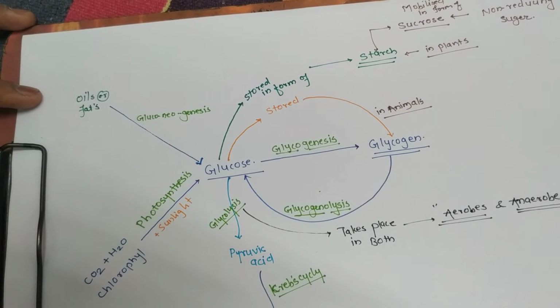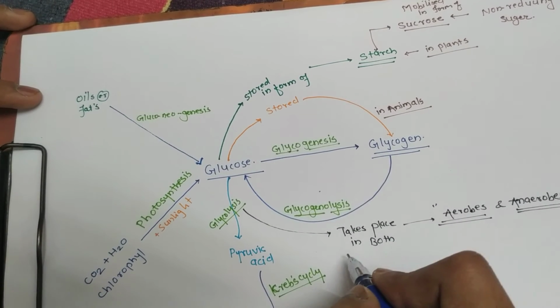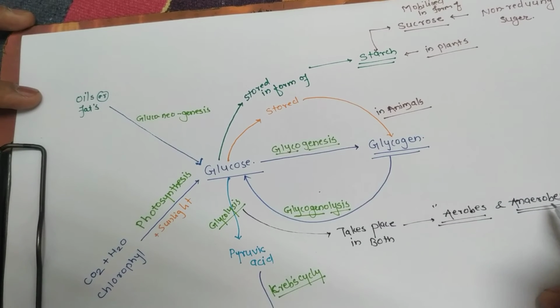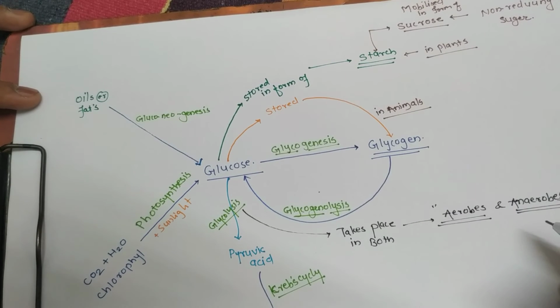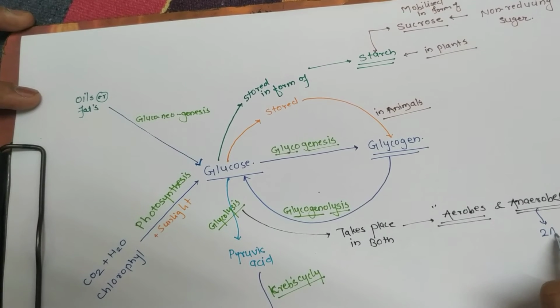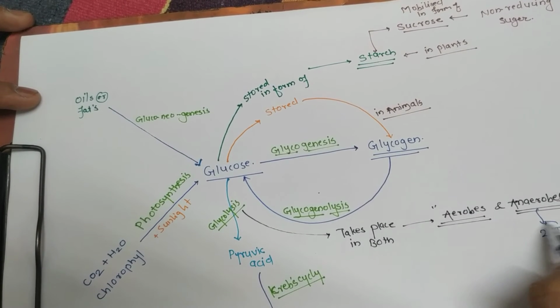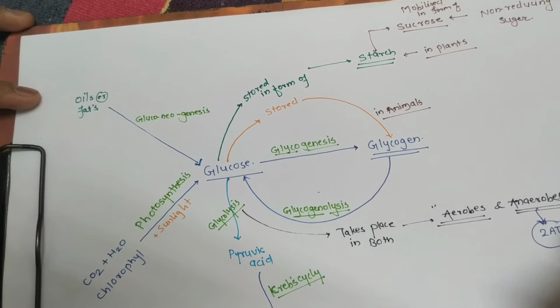Actually, in anaerobes there is less formation of energy, that is 2 ATPs, a net production of 2 ATPs. Okay.